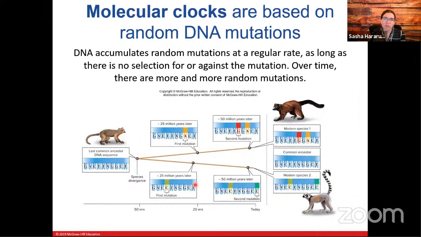So the mutations that become stable in a population are pretty regular and occur at some steady frequency, usually once in 25 million years. And it's important to note here that I'm talking about the kinds of mutations that are not selected for.